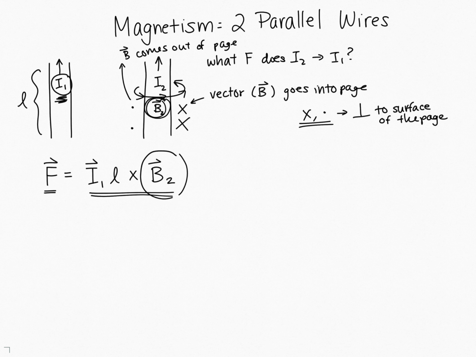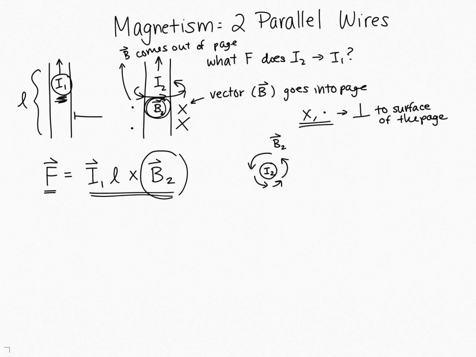Now we want to find an expression for this B2. If we draw from the top down, here is our I2, and I2 is coming out at us. By using our right-hand rule, we find that our magnetic field is going to go counterclockwise. So this is the direction of our magnetic field, B2.